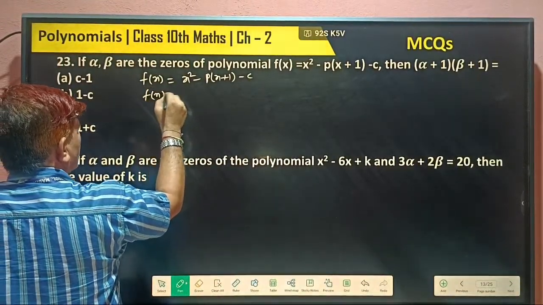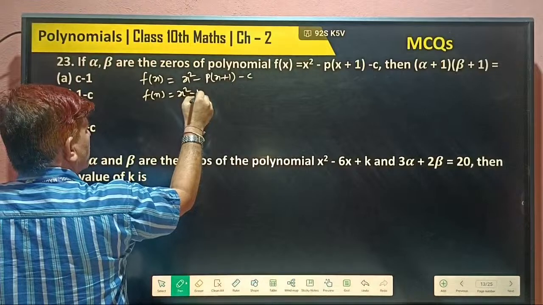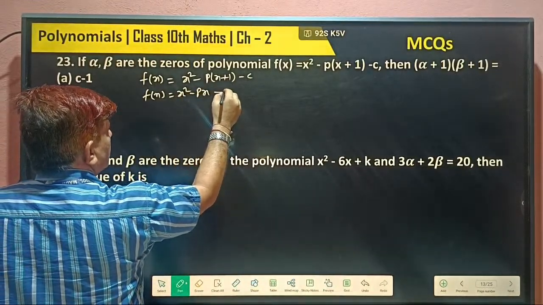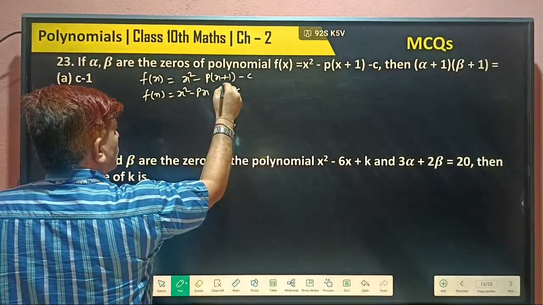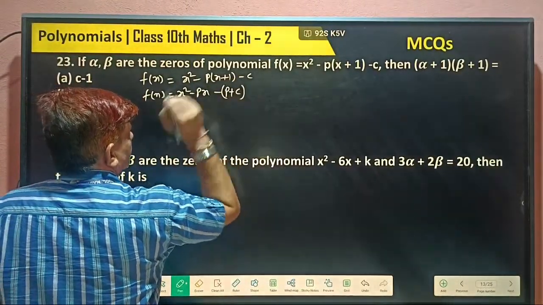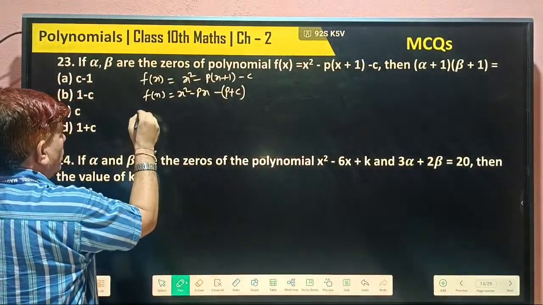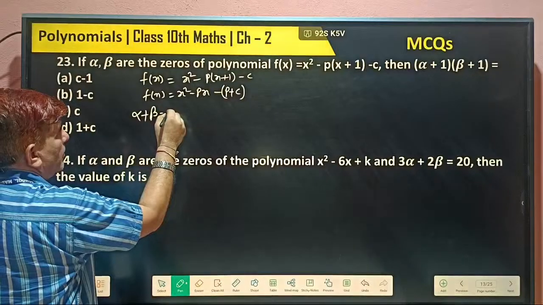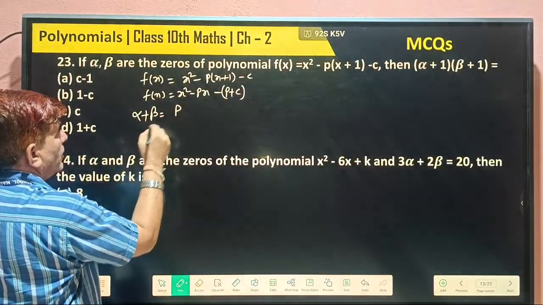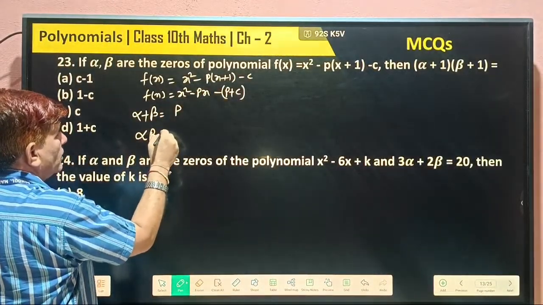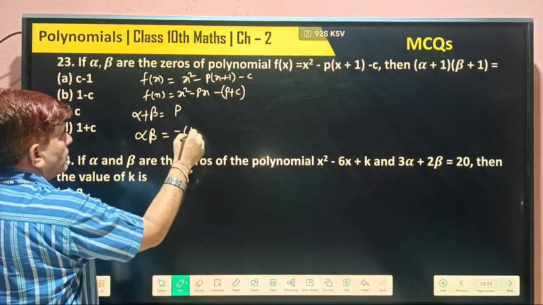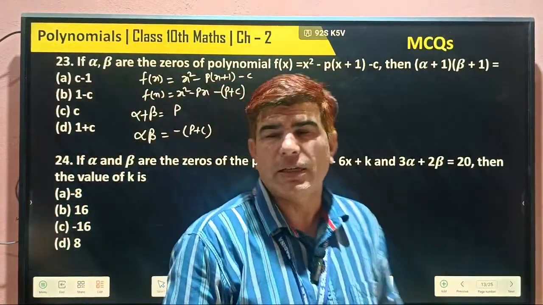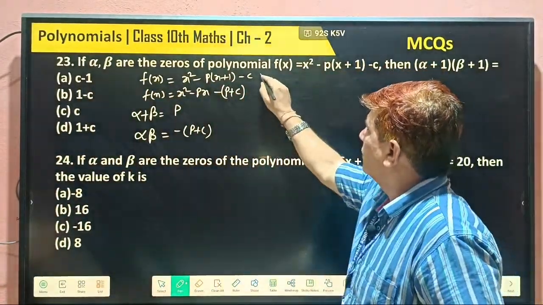Again we can write it like this: x square minus px minus p minus c, a constant quantity. So alpha plus beta is minus b by a, meaning p. Alpha beta is c by a, meaning minus p plus c. From this, if you can write this, then we can start.